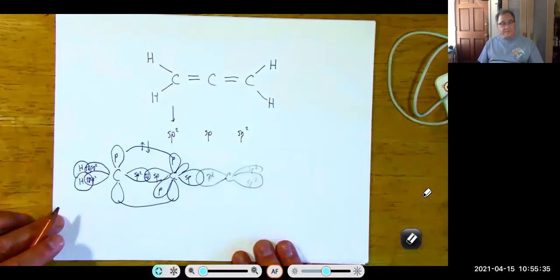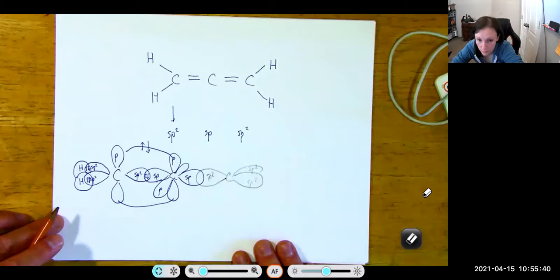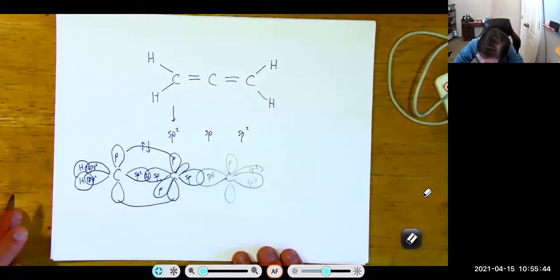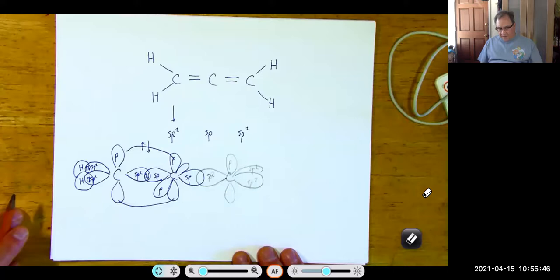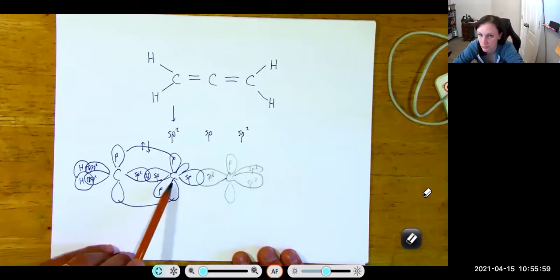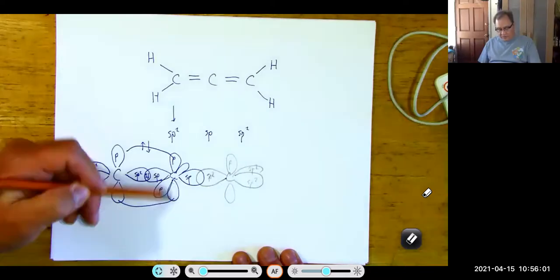Where's the p orbital? Up and down. Where's the pi bond? Does it bond with the center carbon p orbital, the one that's vertical on the Y?